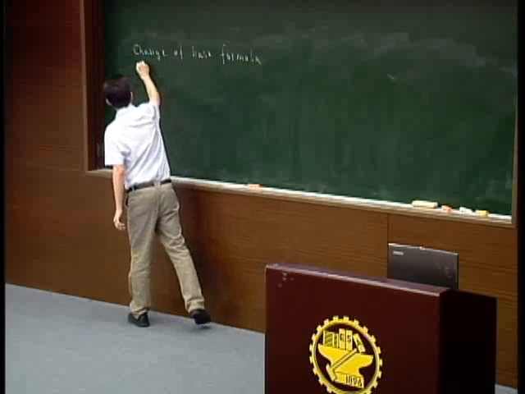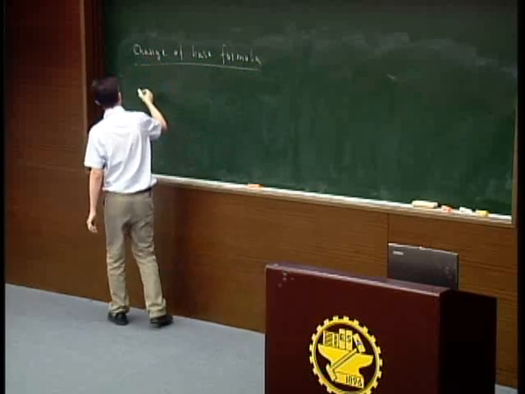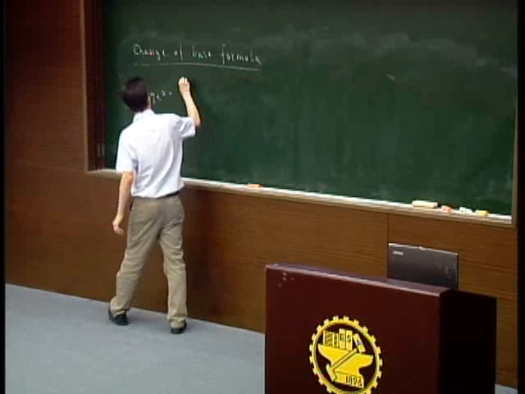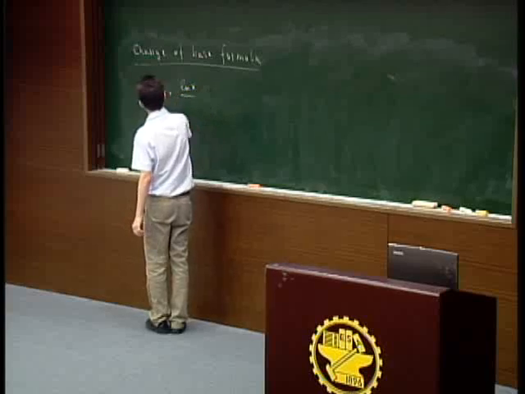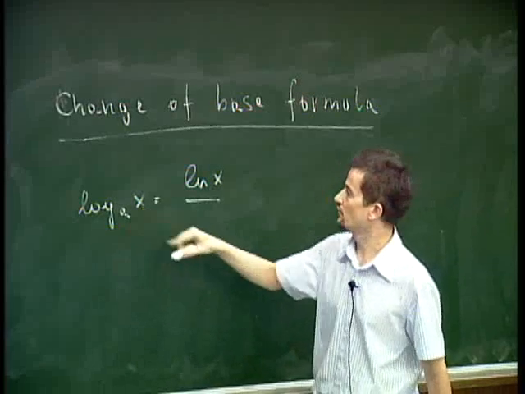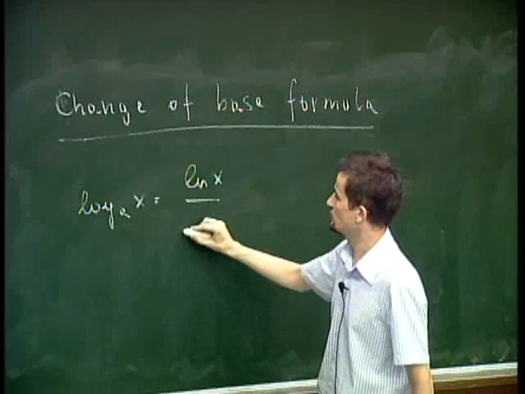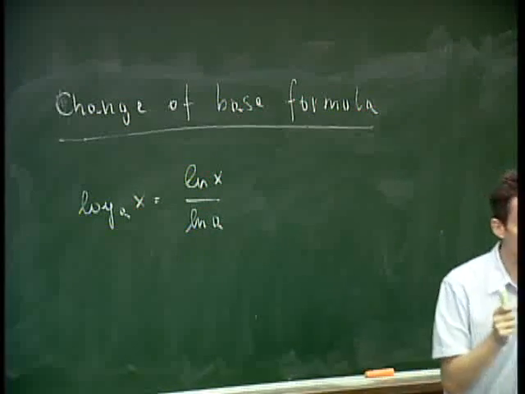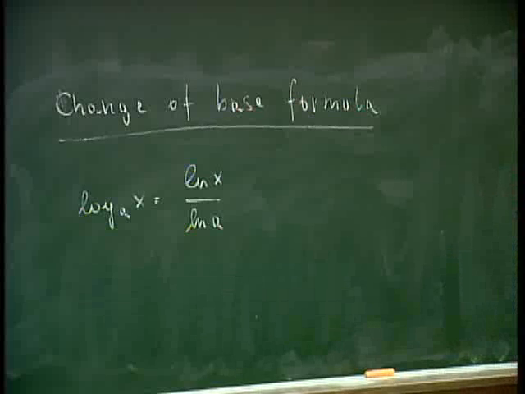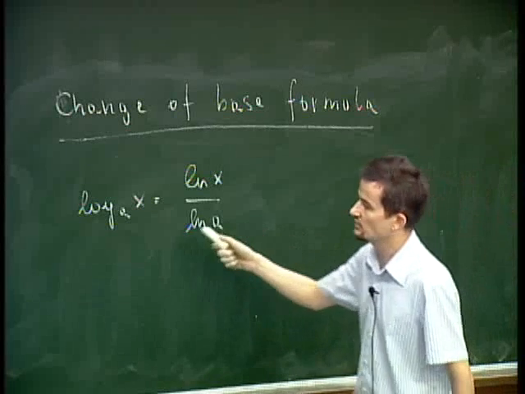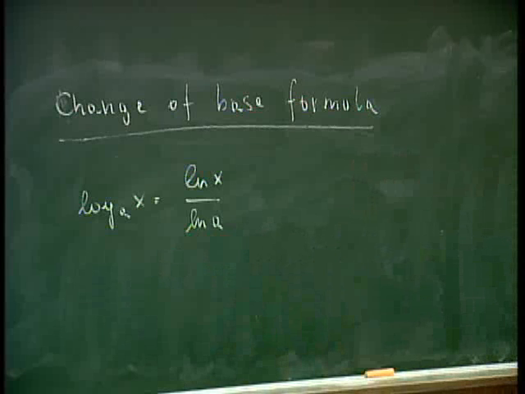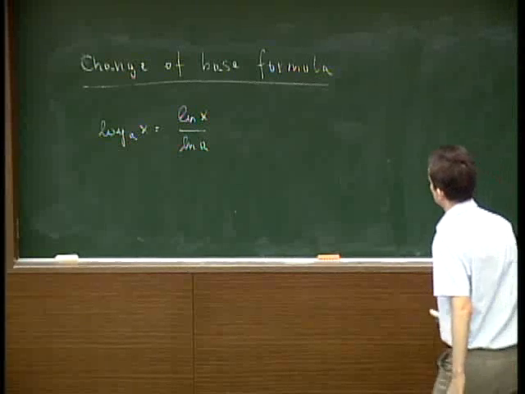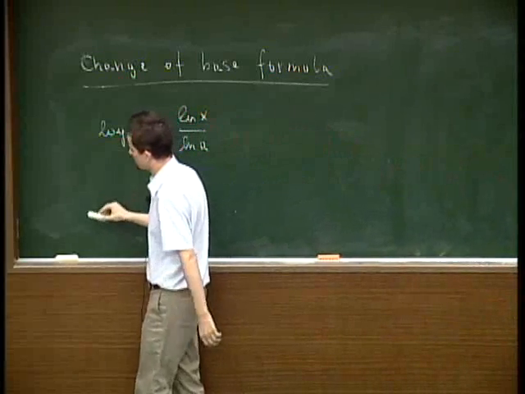Now, of course, this is something you know. If you have a logarithm to any base a of x, then this is equal to ln of x over ln a. So from this, you know actually one logarithmic function is enough, okay? Because all others are just a constant times this logarithmic function. The reason why we use more is because of convenience, okay?